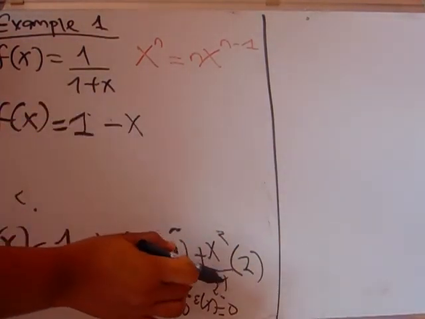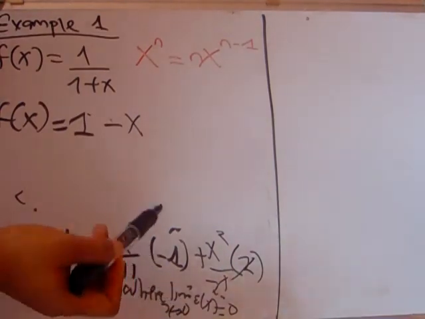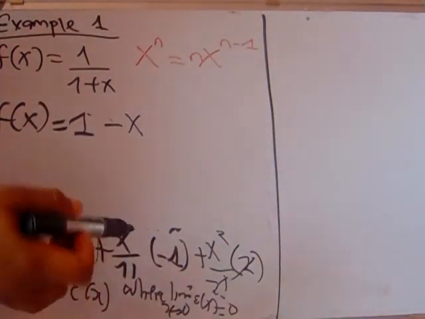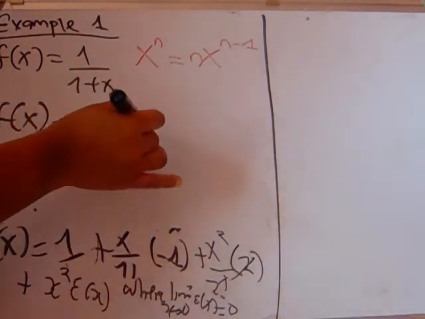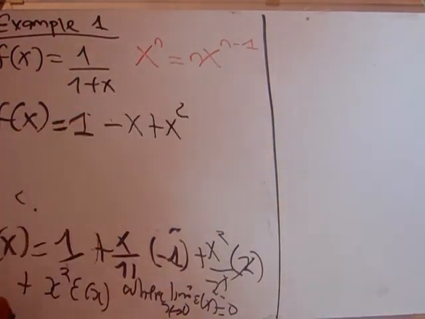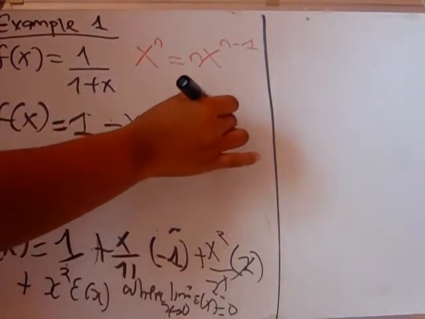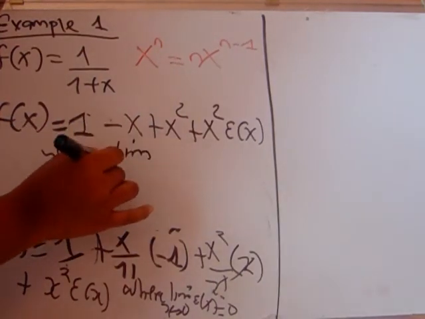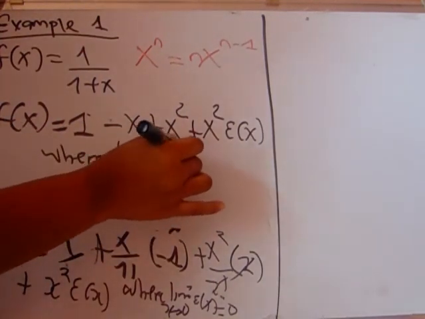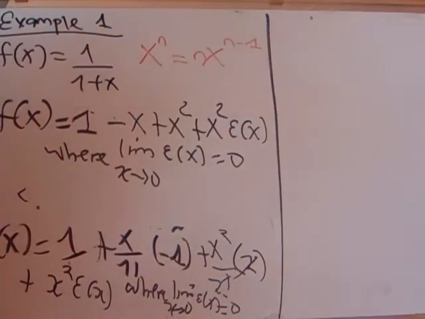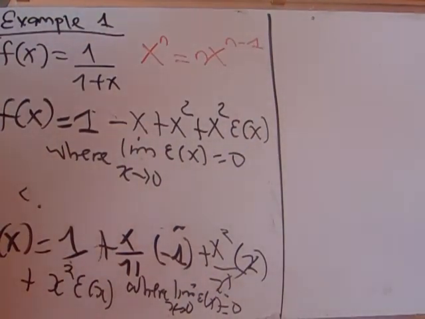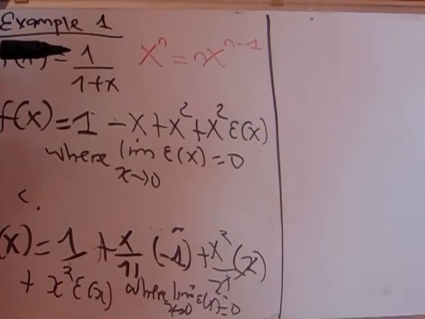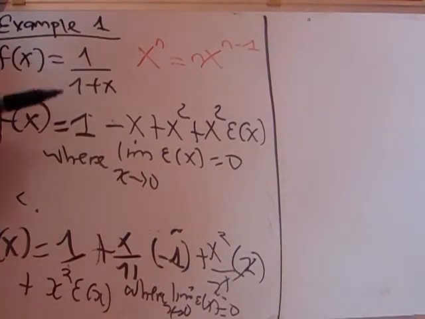This 2 will cancel this 2, because 2 factorial is 2 times 1, and we'll be left with x squared. And since that's where we're stopping, we have x squared epsilon of x, where the limit when x tends to 0 of epsilon of x is equal to 0. And that is your final answer.